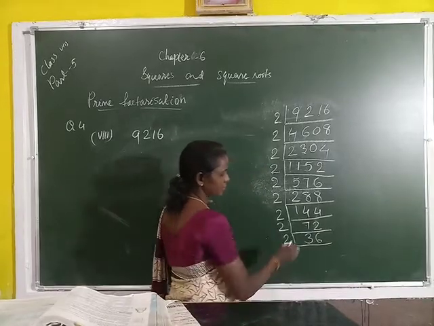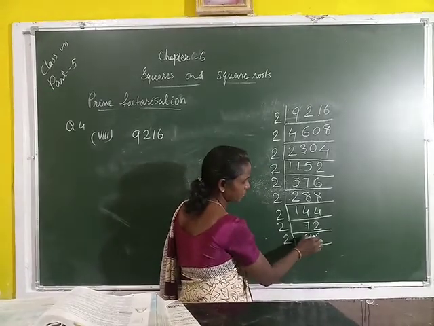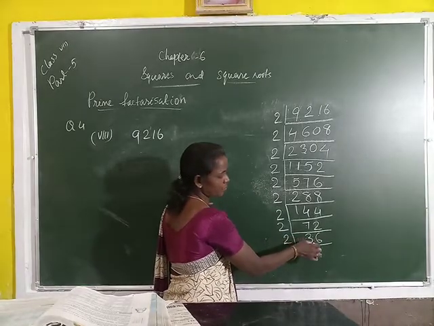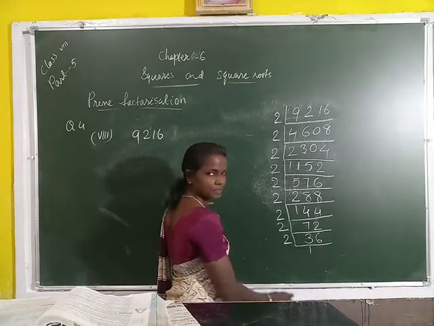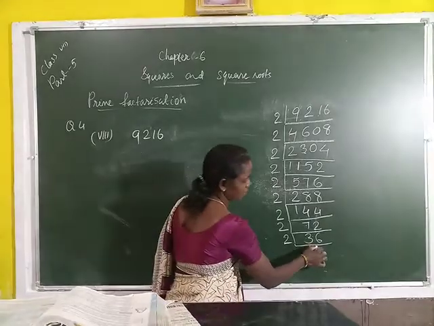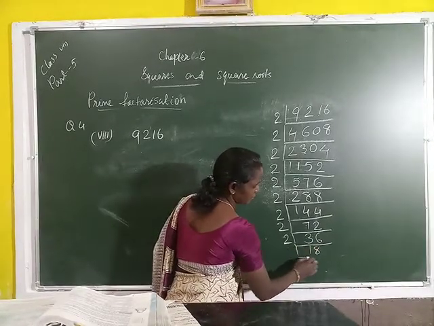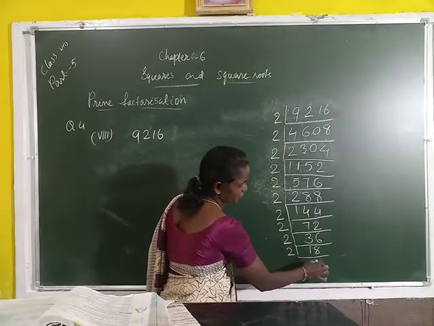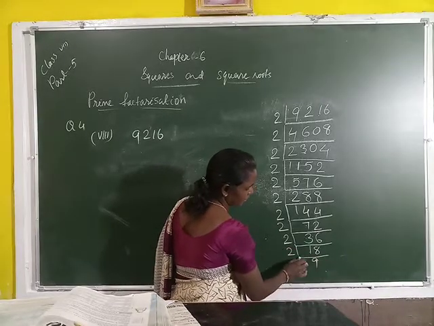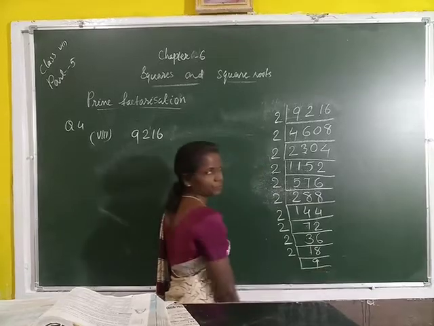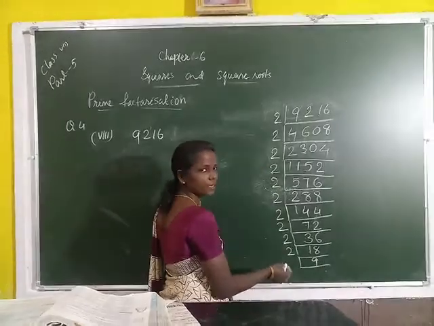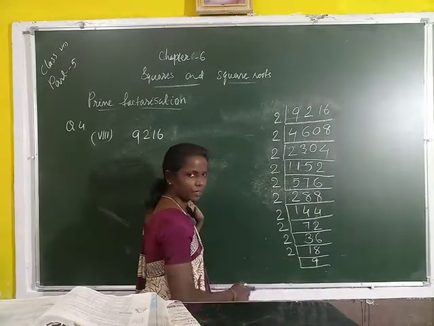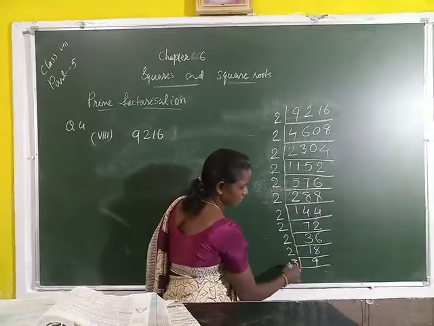How many times in 3? 1 time. 1 two is 2. 3 minus 2 is 1. 1 and 6, 16. In 16, how many times? 8. Then this number is again divided by 2. 9 is again divided by 2? No. So you take the next prime number, 3. 3 completely divides 9? Yes. 3.